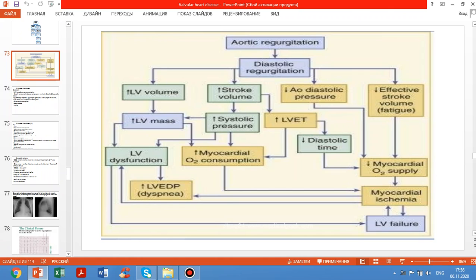Due to this, myocardial oxygen consumption increases, causing left ventricular dysfunction. In the end, left ventricular end-diastolic pressure increases, and due to this, dyspnea develops in the patient.